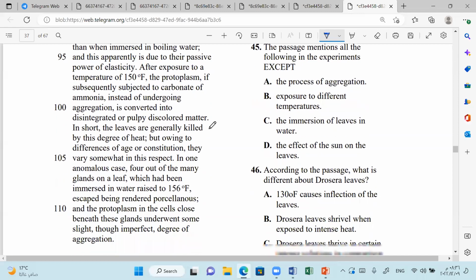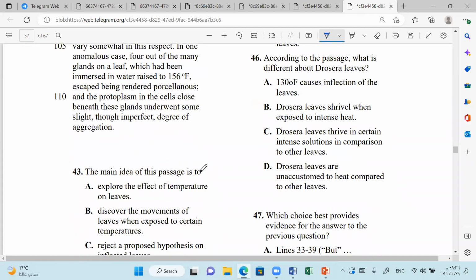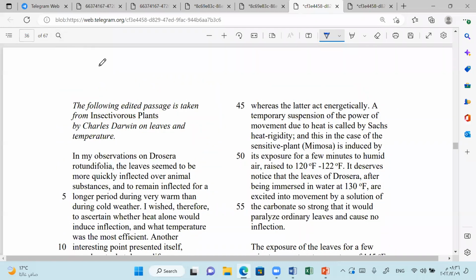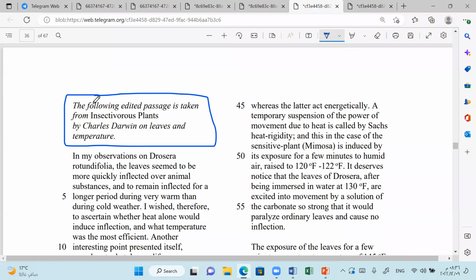Here, I have the main idea of passage two. Let me see the passage on 36. This is the blurb of the passage: the following edited passage is taken from Insectivorous Plants by Charles Darwin, on leaves and temperature.